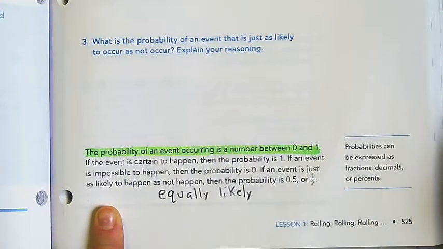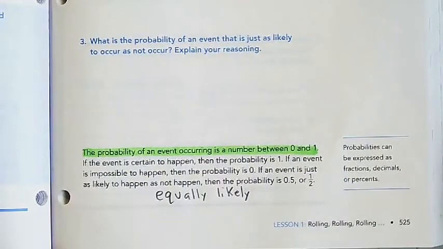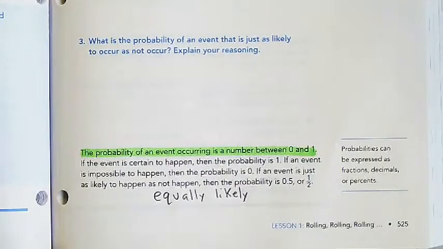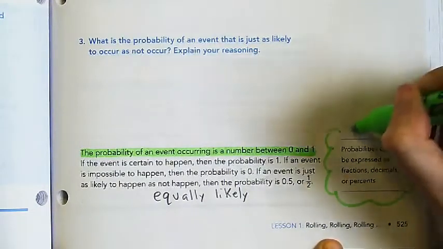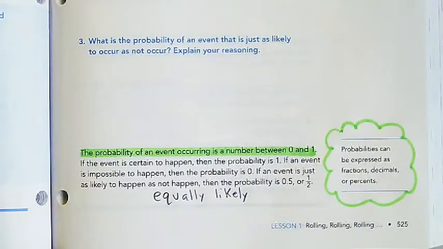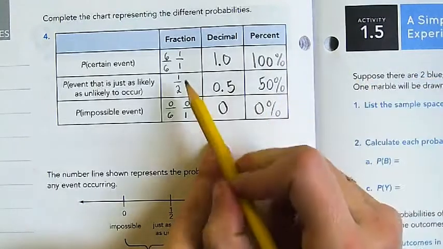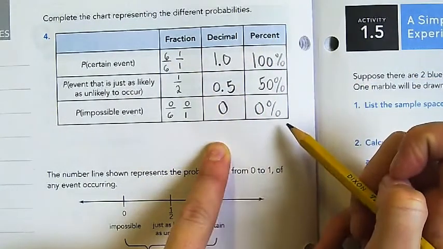It's equally likely that it'll land on heads as it is tails, because there's one head and one tail. Those are equal. Probabilities can be expressed as fractions, decimals, and percents. Just like we mentioned at the very start of rolling, rolling, rolling. Any fraction can be converted into a percent and a decimal. Probabilities can be fractions, decimals, and percents.